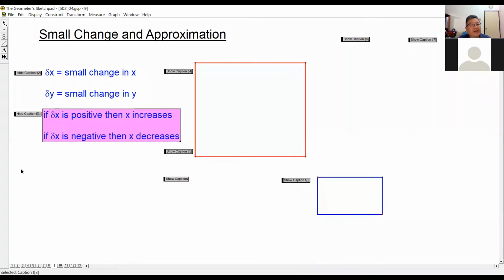Okay, next. Now, if the value of delta x is positive, it means that x has increased from the initial value to the final value. Now, if delta x is a negative number, it means that x has decreased. At first x has a certain value, and the final value of x is less than the initial value.